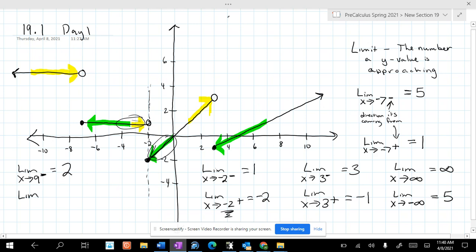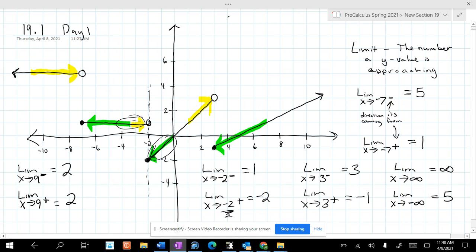What's the limit as x approaches 9 from the right? Here's 9. As we go here, where are we at? 2. Same place. Okay?